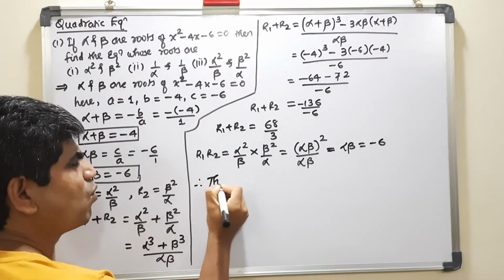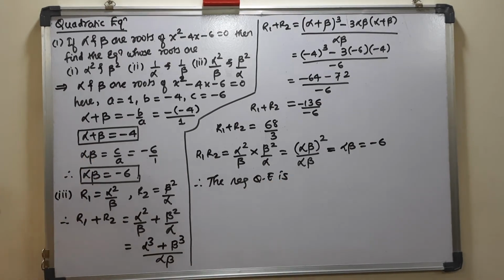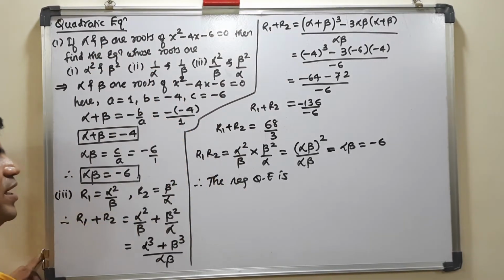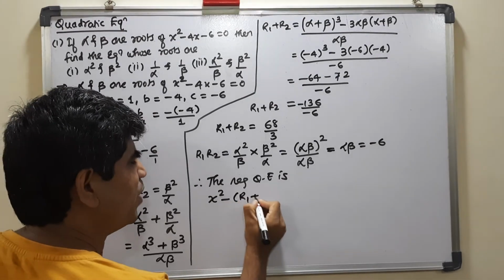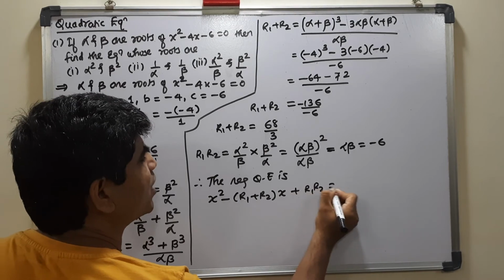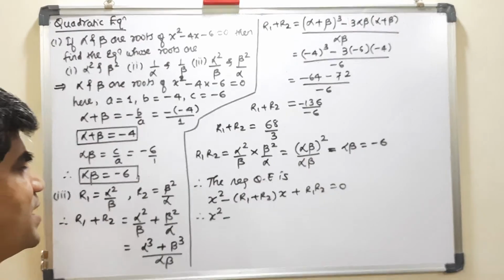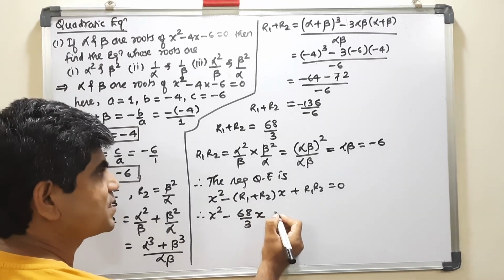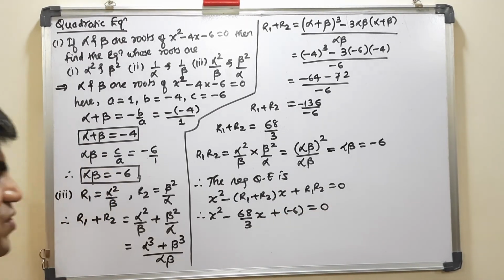So therefore the required quadratic equation is, I have not written here quadratic, but I spelled it already. It is a quadratic equation. The required quadratic equation is x square minus sum of roots R1 plus R2 into x plus product of roots, that is R1 R2, is equal to 0, which becomes x square minus 68 by 3 x plus minus 6 is equal to 0.